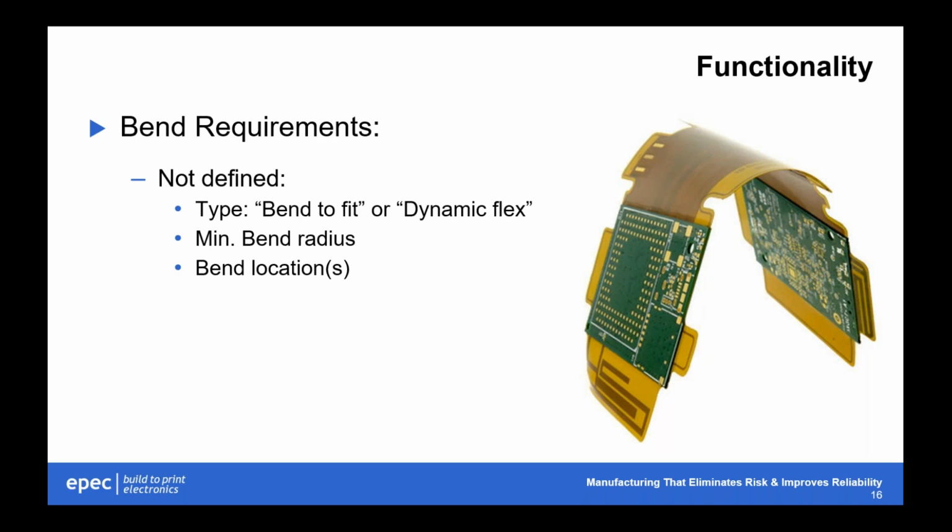The minimum bend radius requirements are not called out, and the bend locations are not specified. Without that information, we're not able to confirm that the customer's materials, construction, and ultimately their design, is going to meet their requirements. So it's important information to have, but in many cases, as I said, not present in the data set, which requires us to have communication with the customer in order to identify these requirements.